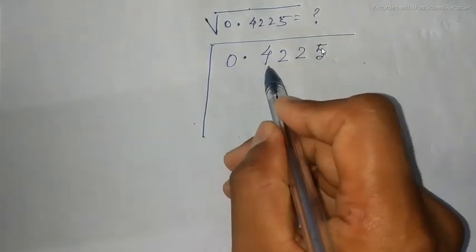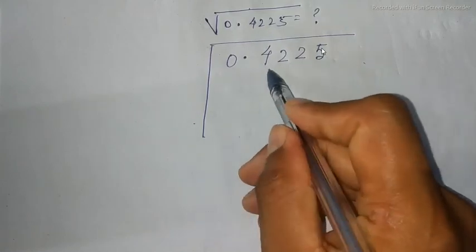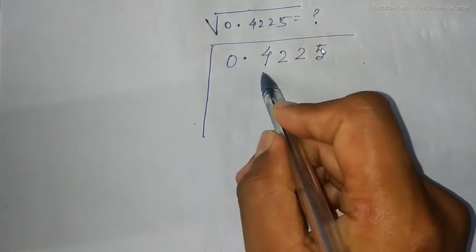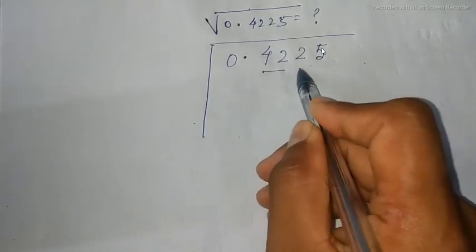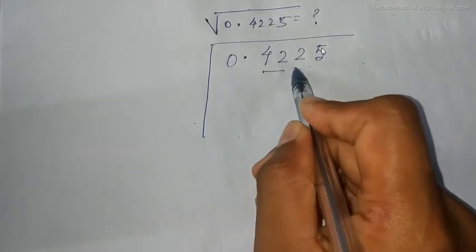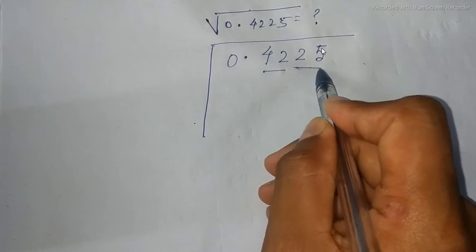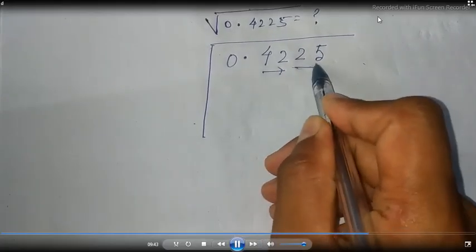Since the decimal portion pairing starts from left to right, we shall start our pairing from this side, from left to right, in this direction.